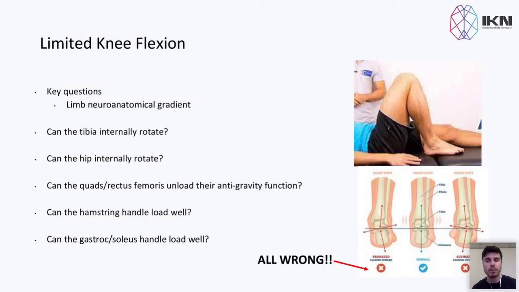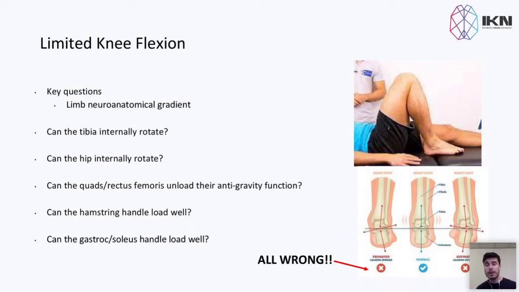And remember, we don't want the muscles to only express one kind of behavior. We want the muscles to express different kinds of behavior. And that allows for adaptability. That allows your limb as a whole to dissipate stress and share stress over broader surface areas. And that will allow the knee to become less overloaded with stress.